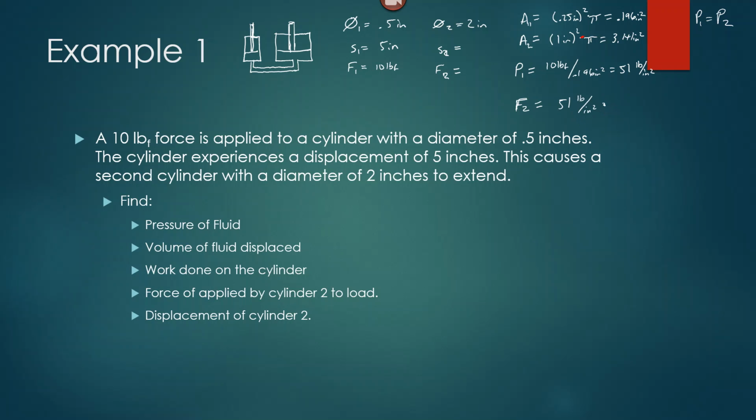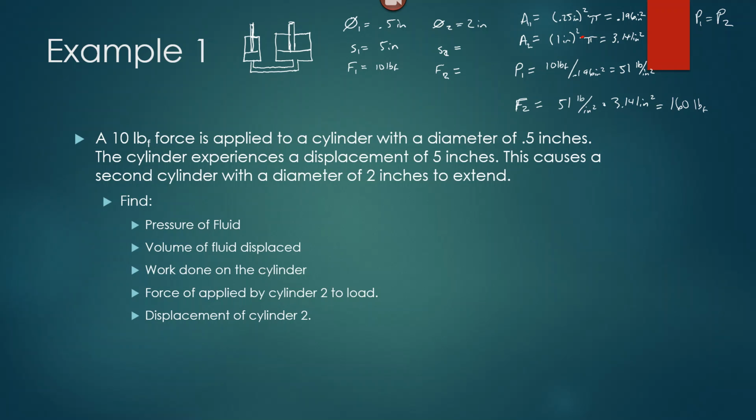We can times that by our area, which is 3.141 inches squared, and that's going to give us a force of 160 pounds. So there we've got the force applied to some load of cylinder 2. We have the pressure of the fluid.